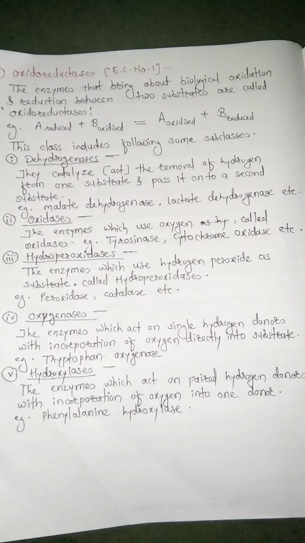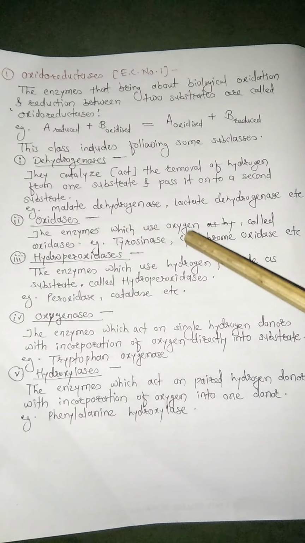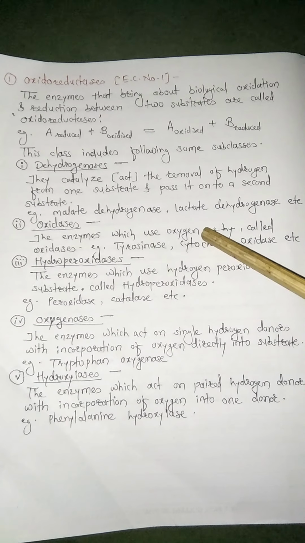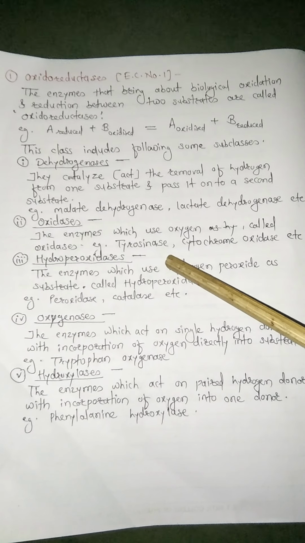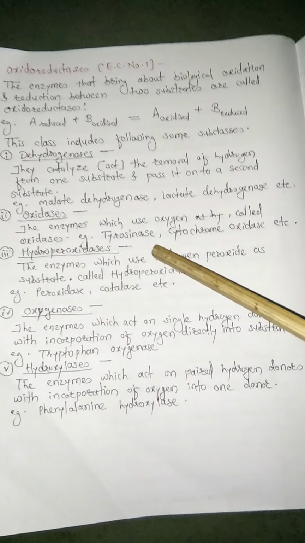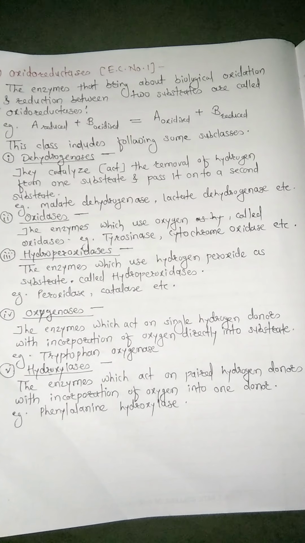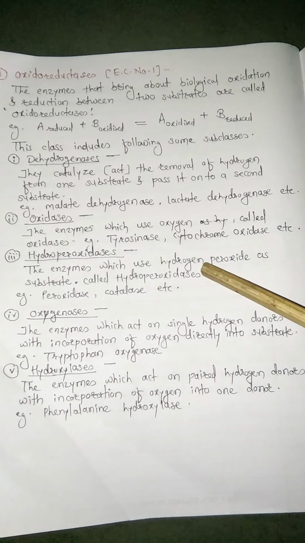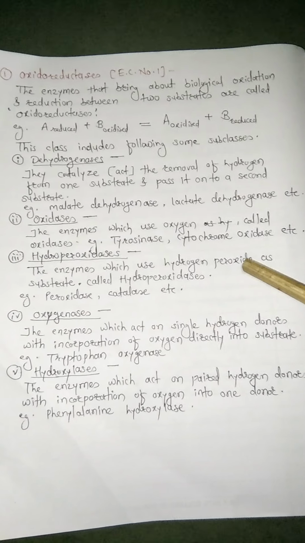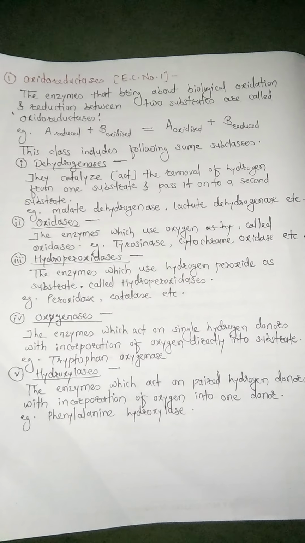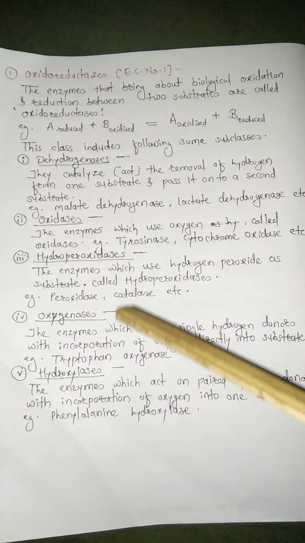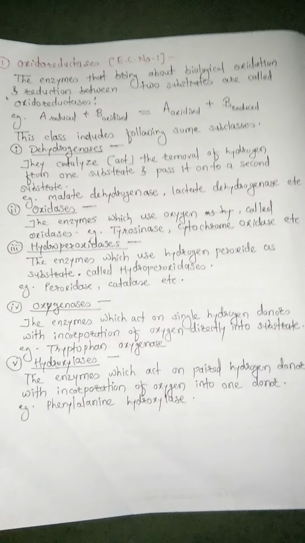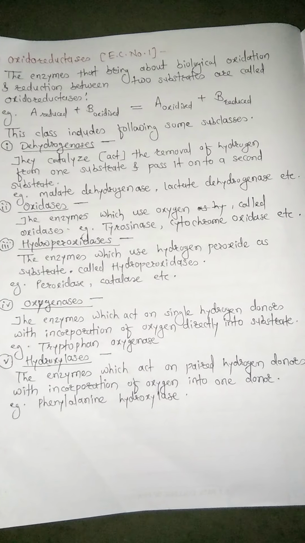In this, the enzyme uses oxygen, so that's why the name is oxidases. Example, tyrosinase. Third, hydroperoxidases. On the basis of the name, enzymes which use hydrogen peroxide as a substrate we call hydroperoxidases. Example, peroxidase itself.